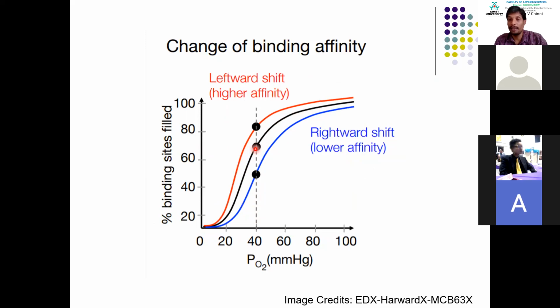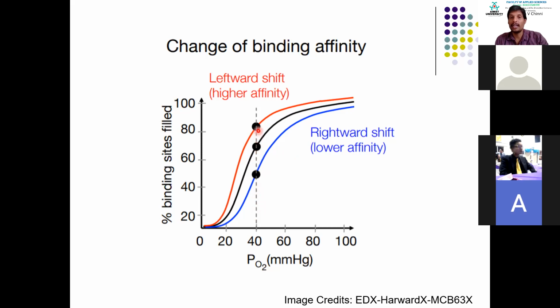If it is having a lower affinity, what happens? At the same 40 mmHg, it will bind only 50%. That means around 20% of the oxygen bound to the hemoglobin will be released if it has low affinity.